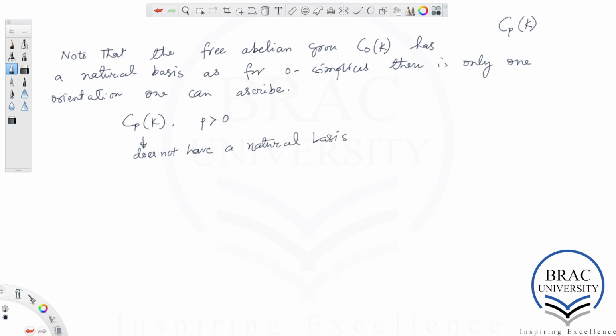Now an important corollary to lemma 1. We have seen in lemma 1 that Cp of K, the group of oriented p chains on the simplicial complex K, is free abelian, and we can take all the elementary oriented p chains to be the basis of this free abelian group.